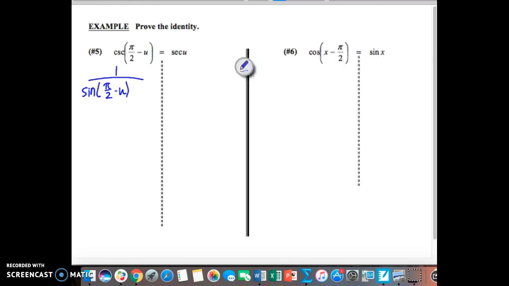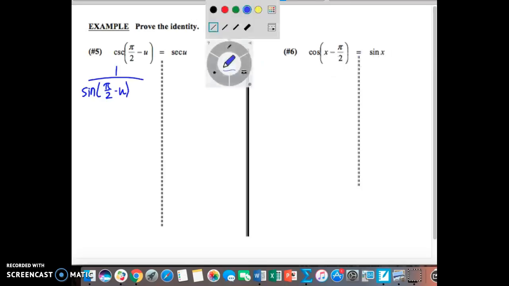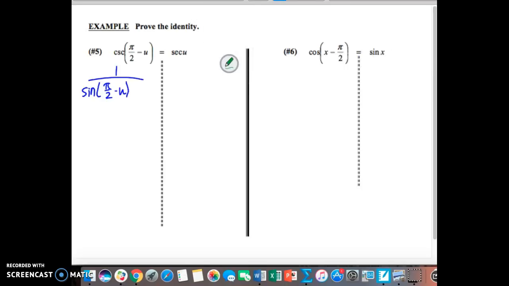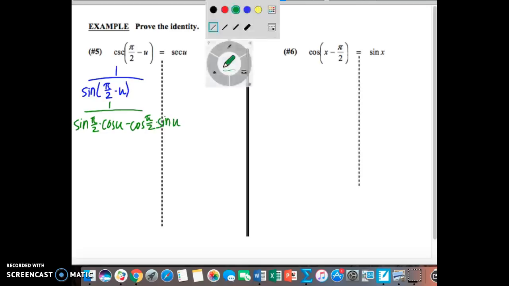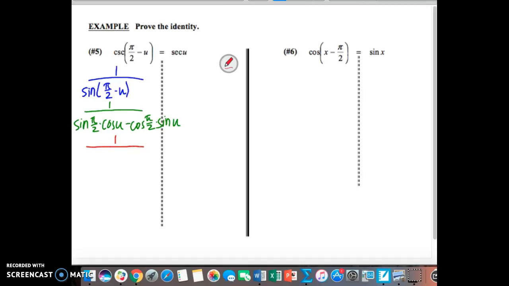Now using the sine subtraction formula, this becomes 1 divided by sine of pi over 2 times cosine of u minus cosine of pi over 2 times sine of u. Now to simplify, we know that sine of pi over 2 is just equal to 1, so we're just left with 1 times cosine of u.